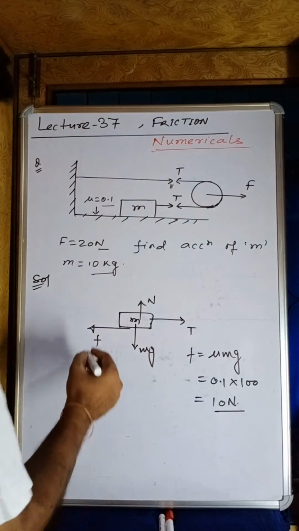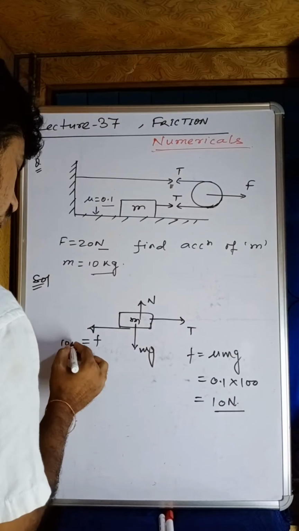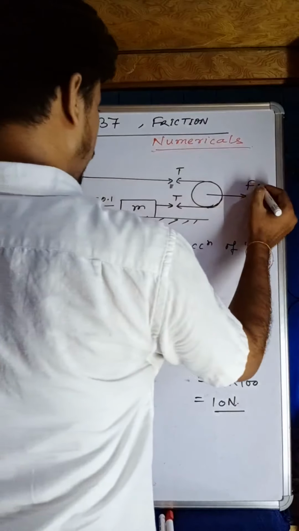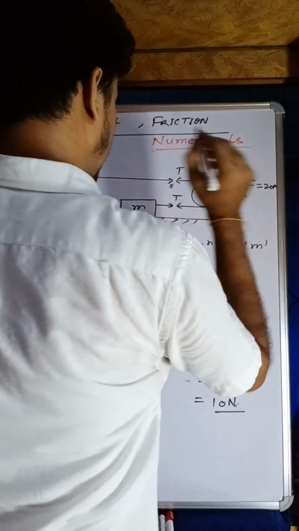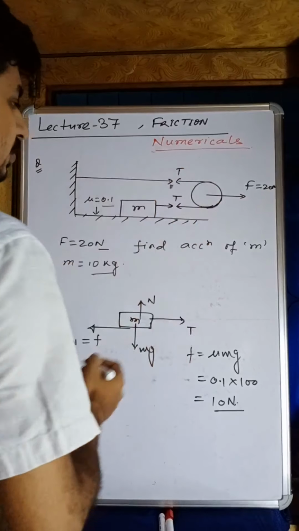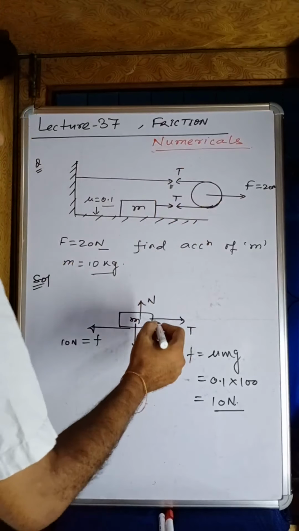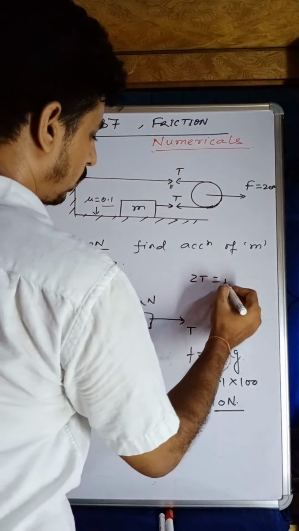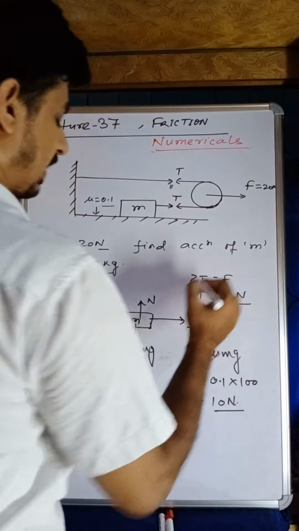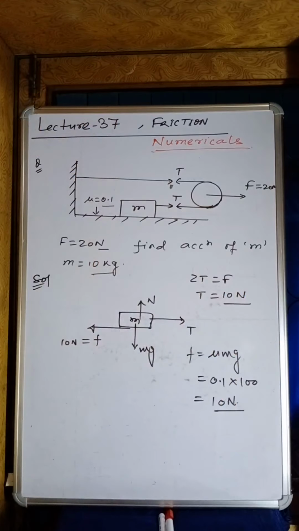Alright, my dear students, how much friction force is applied? It is 10 Newton, to oppose the motion. Now look here. The 20 Newton force is being applied. So how much is the tension? We know that 2T will be equal to F. So T will be 10 Newton because this F is 20 Newton, given in the question.